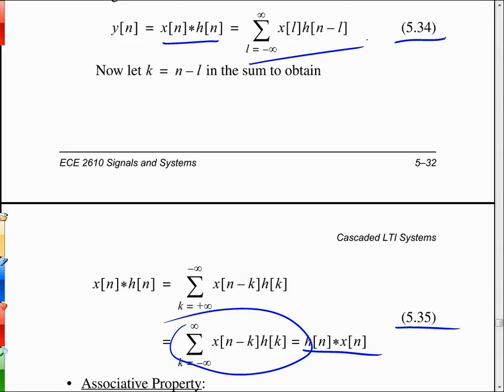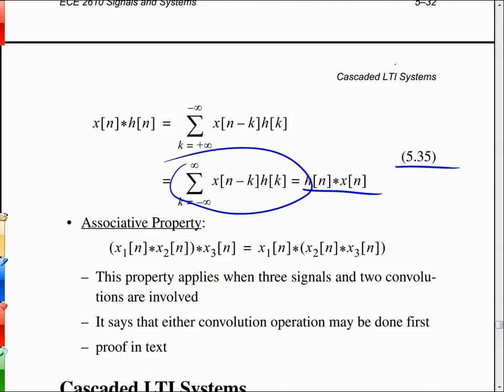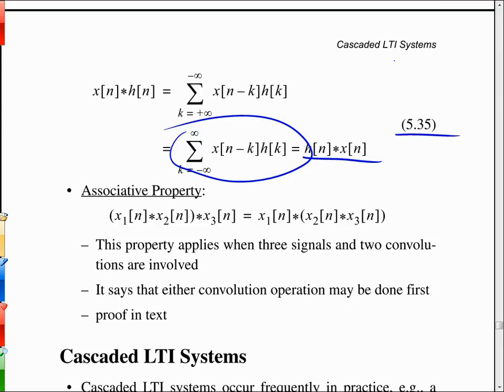You're going to see when you play with that software on Friday in the lab that either view could be taken because that animates the process for you. Then the associative property also holds. So if you've got two things convolved, you can do the first convolution with x1 and x2 and then convolve a second time, or you can do the x2 and x3 first and then convolve with x1.